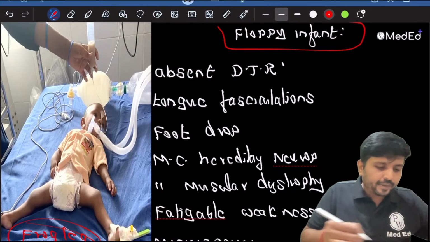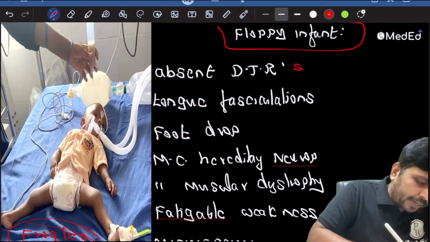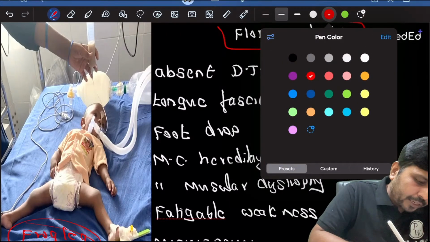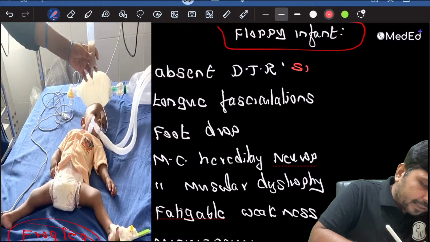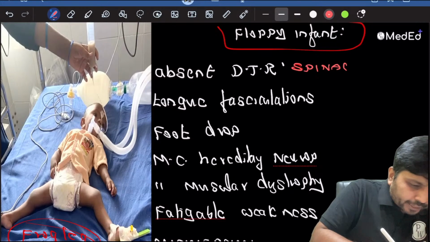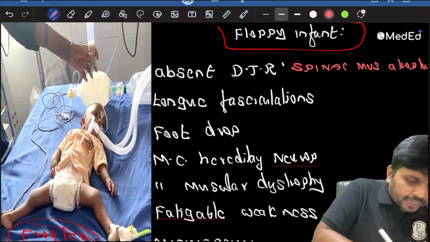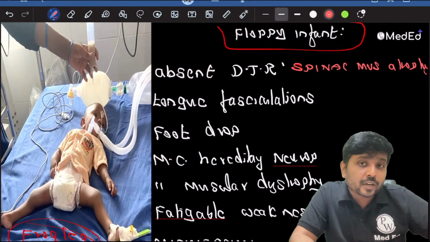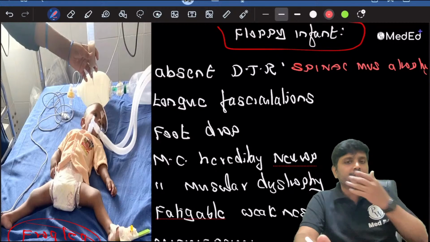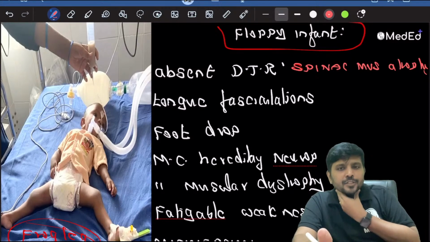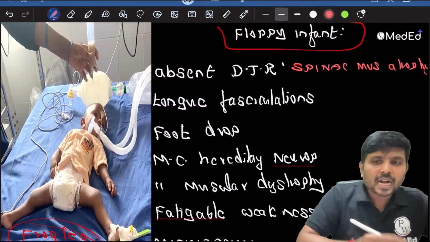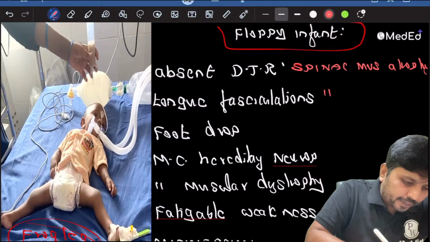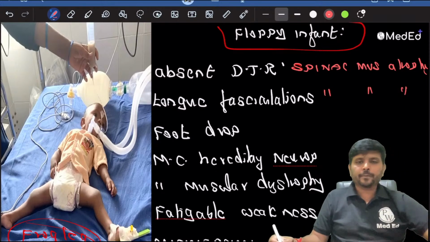Absent DTR means it is spinal muscular atrophy, nothing but like a motor neuron disease of an adult. If anterior horn cells are not formed well in pediatrics, it is called spinal muscular atrophy. Again, tongue fasciculation, spinal muscular atrophy.